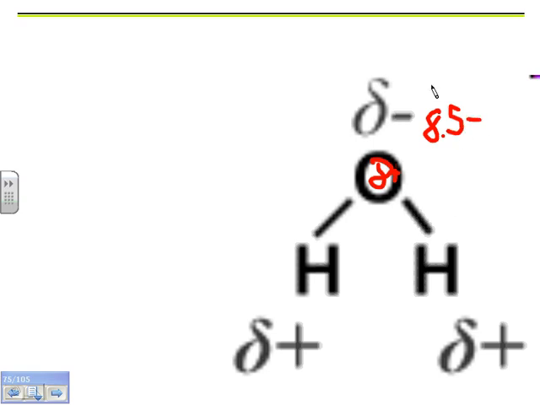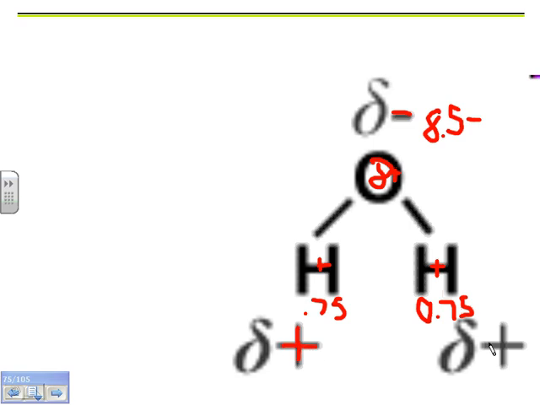And so overall, this side is more negative. And these are just one puny little proton over here each. But instead of having one negative over here, maybe they have a little bit less, because the extra bit is up here. So maybe 0.75 or something, I don't know. So this ends up being more positive.